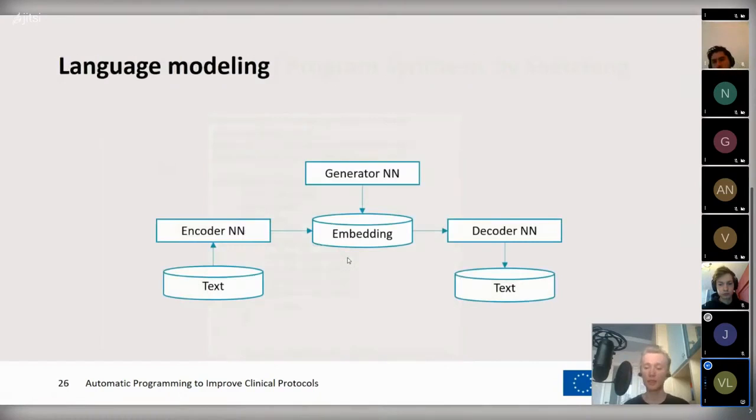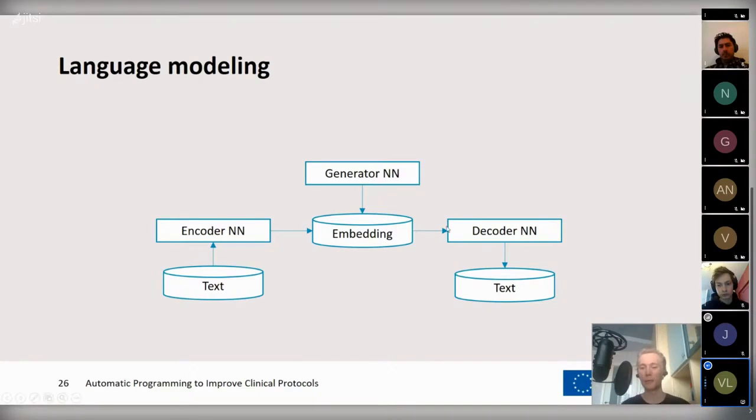And the third one is language modeling. So if you have a probabilistic language model, then this language model can tell you how likely this program is to be grammatically valid. And then you can use it in your loss function to produce grammatically valid programs. Or you can have a language model that's structured as an autoencoder.